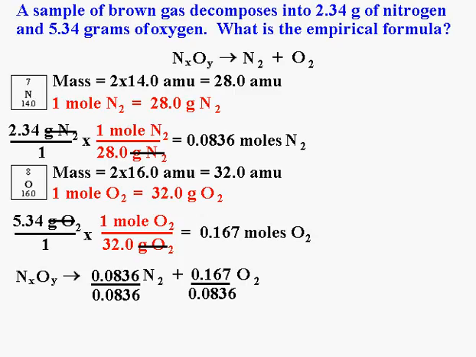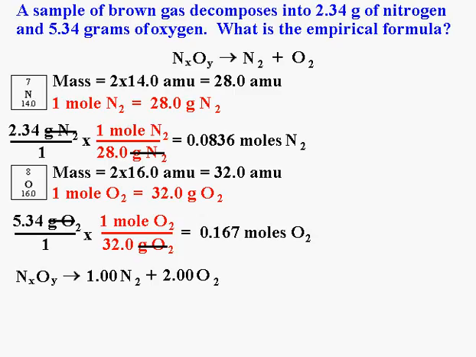When we do that, 0.0836 divided by 0.0836 is 1, and 0.167 divided by 0.0836 is 2. Now, in terms of significant figures, we have 3 significant figures, so it's 1.00 and 2.00. But at least now we've got integers, or something close to integers.